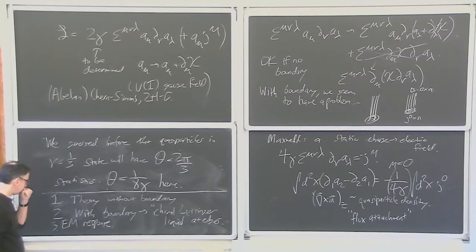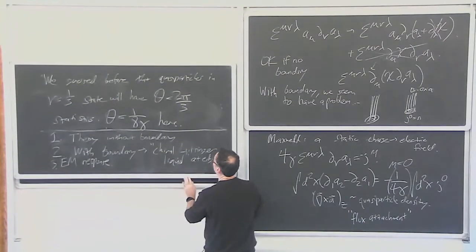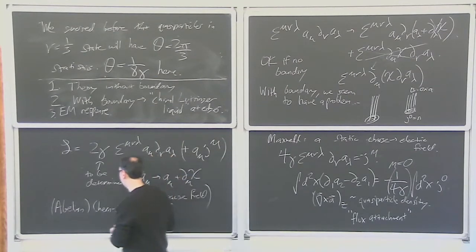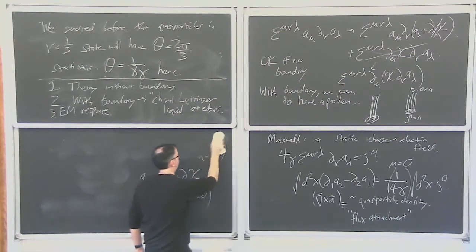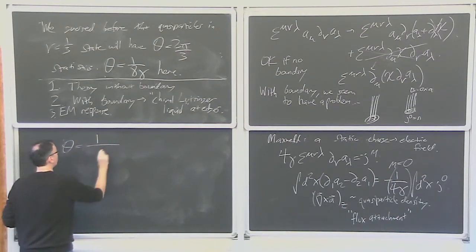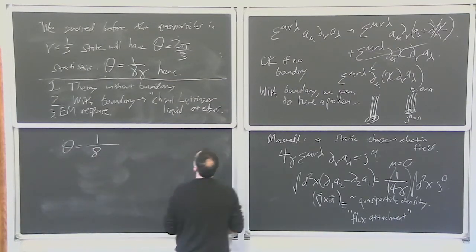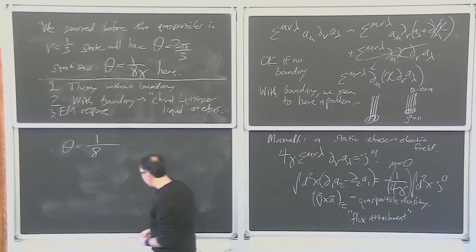And note, this means that if I took theta equal to 1 over 8, if I remember, the definition of gamma is what appeared, well, 2 gamma was what appeared in front of the action.